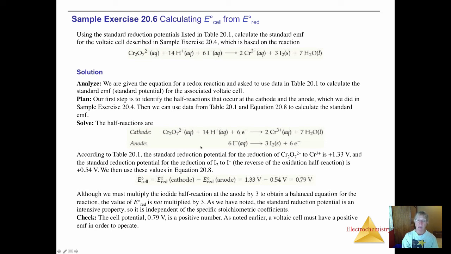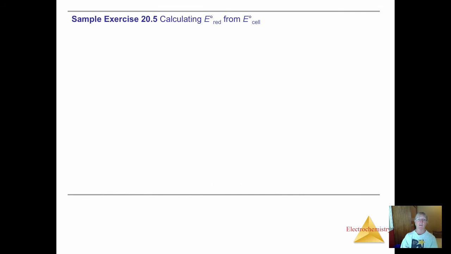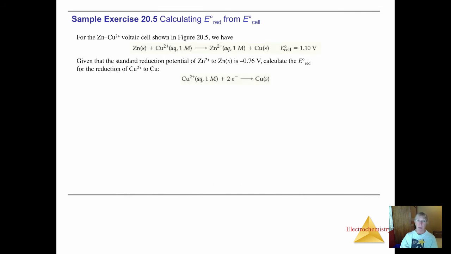Cathode minus anode. Get the reduction potentials off the chart, identify who is the anode and who is the cathode, and the reactions happening there, and the math is dead simple. In problem number 20.5, the only difference is that, again, it looks like a familiar equation.